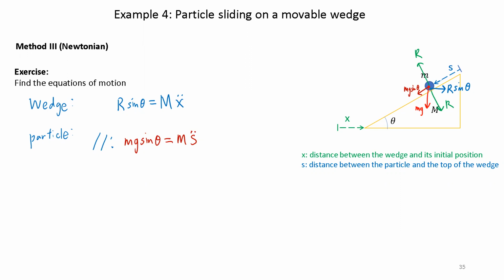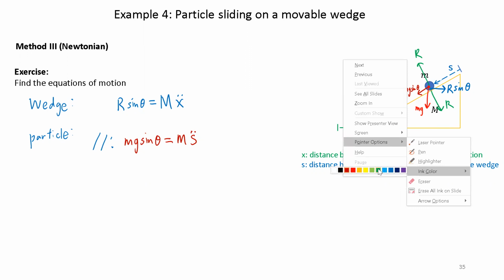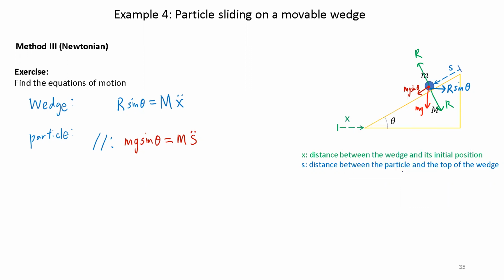However, now the whole thing is moving to the right. You just consider this whole thing as one system that is having this acceleration to the right, including this particle.